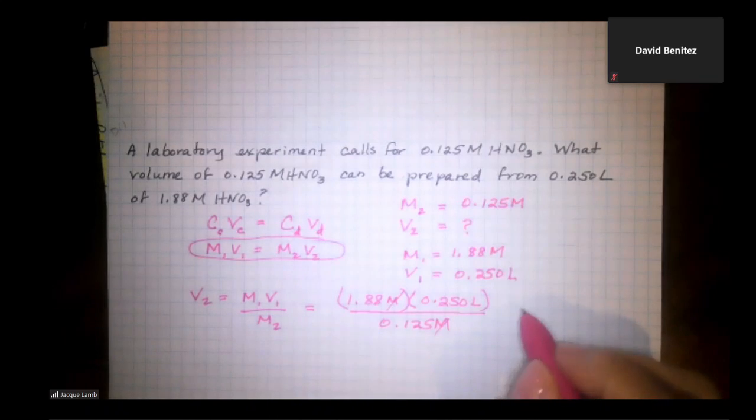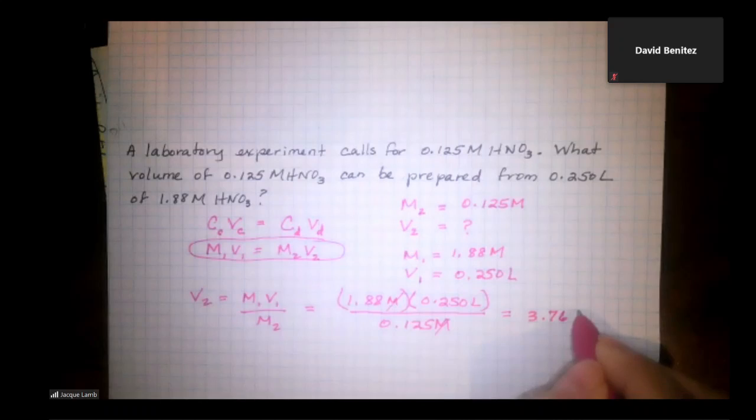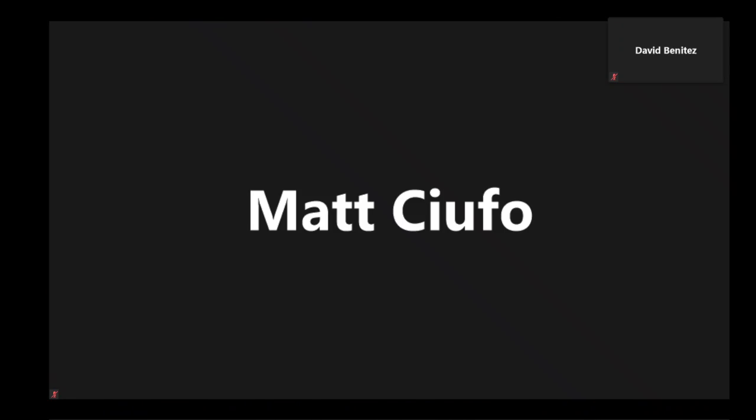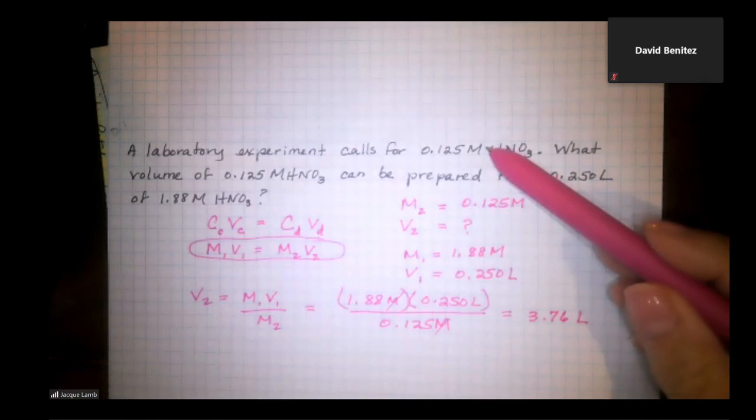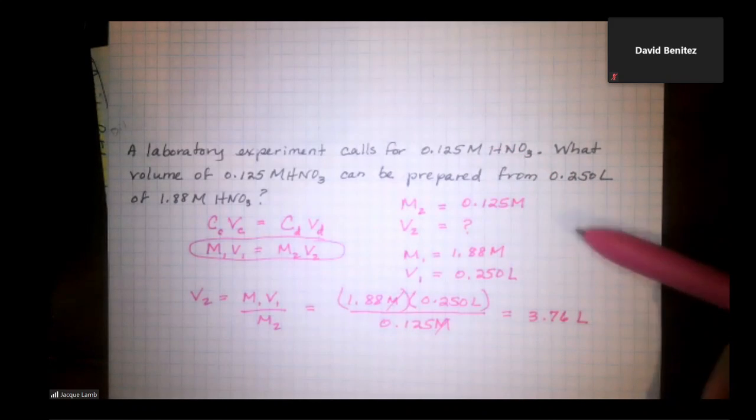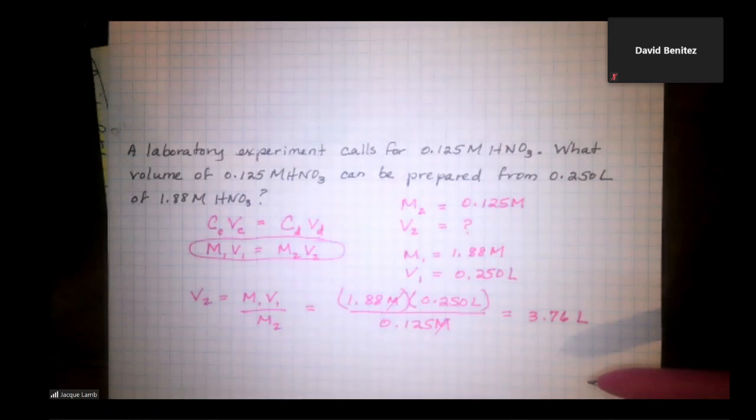And when we do the math, it's 3.76 liters. So I can make 3.76 liters of this dilute solution simply by adding the appropriate amount of solvent.